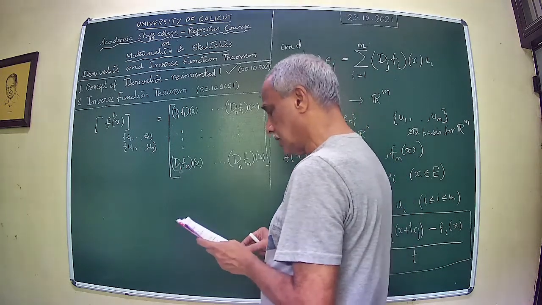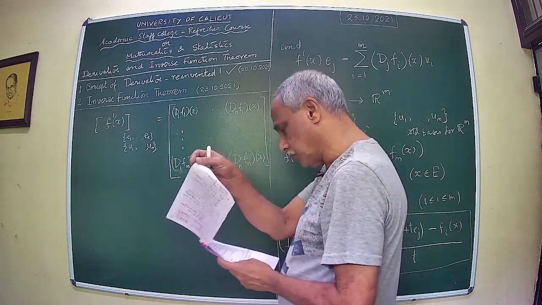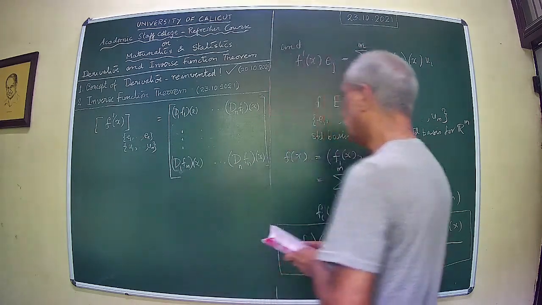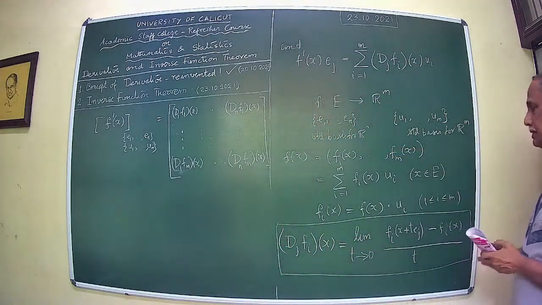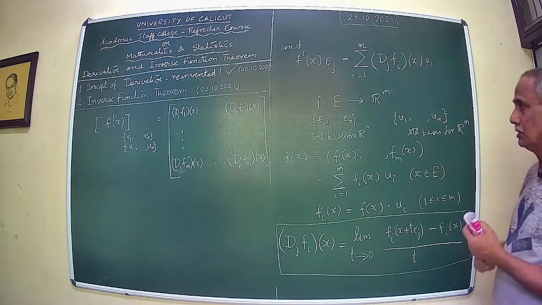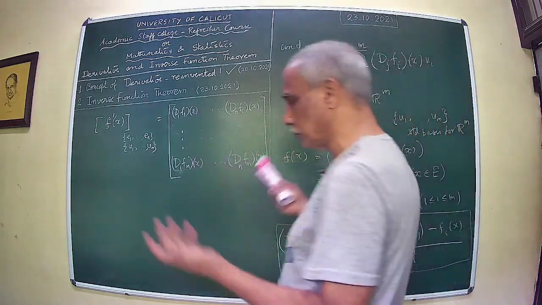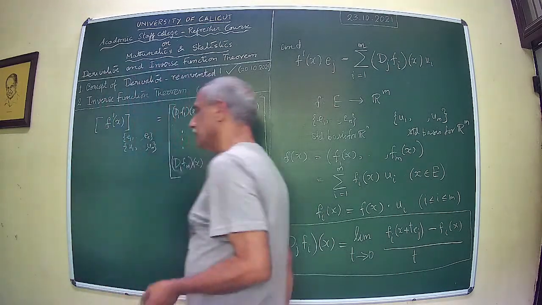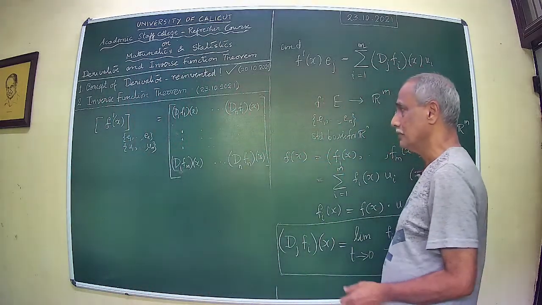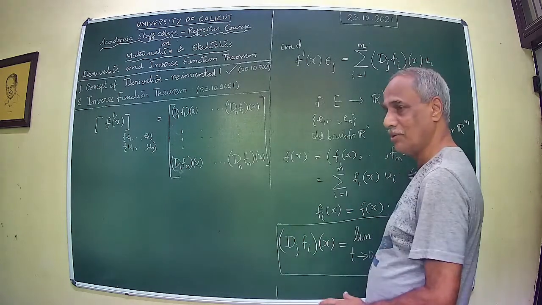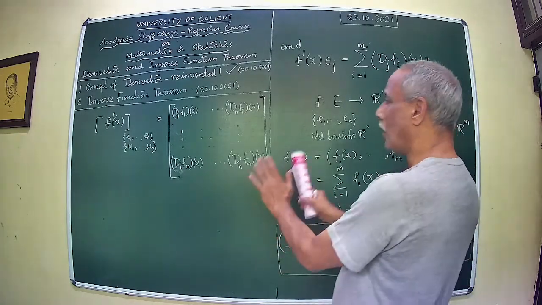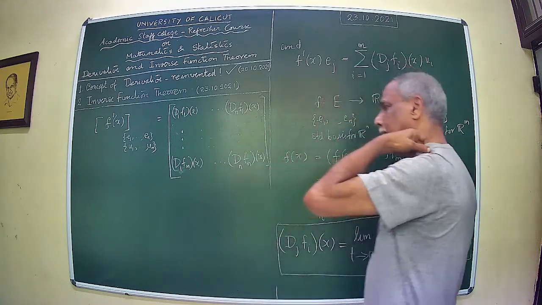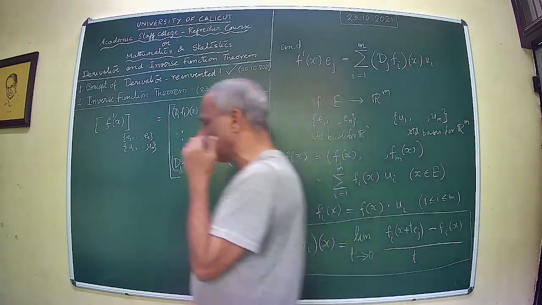Now what one can prove is the following. Our question is still unresolved. Suppose you know that all these partial derivatives do exist. Can you say that they represent f derivative? It gives an impression that they might, because you can write down a matrix using all these partial derivatives.